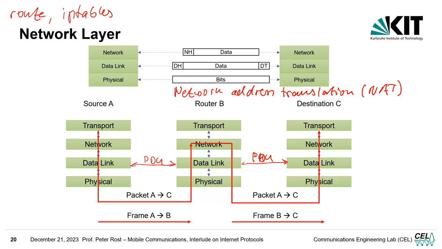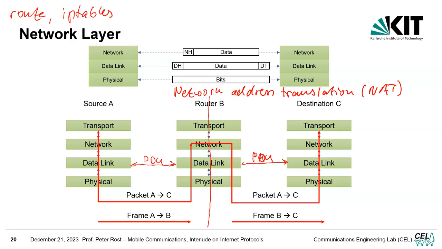So there are no IP addresses left to define new subnetworks. And that's why we have typically these 192.168 addresses, which are IP addresses for local areas. And then at this router here, you also translate your local IP address into a public IP address.